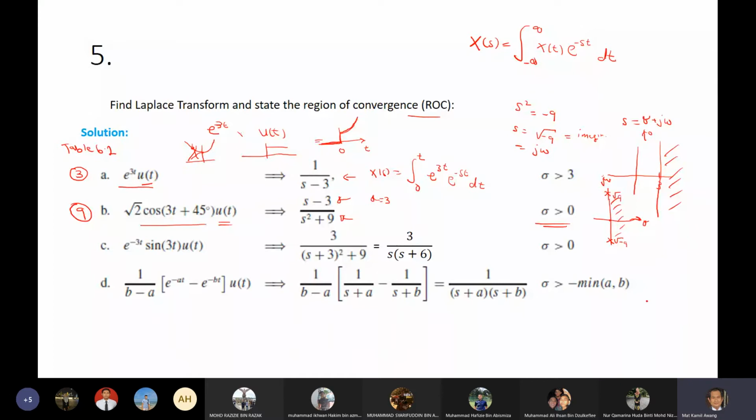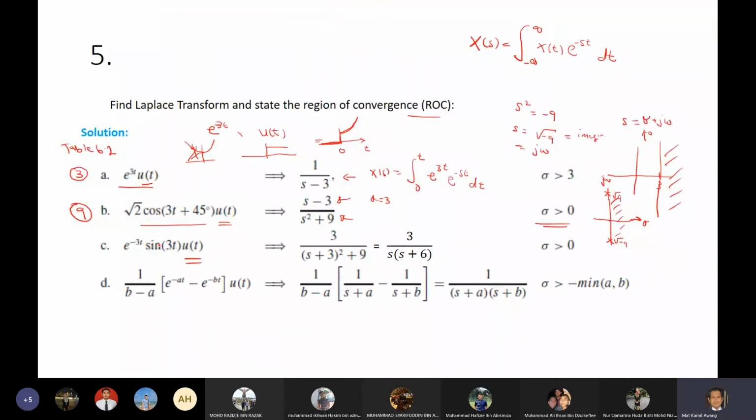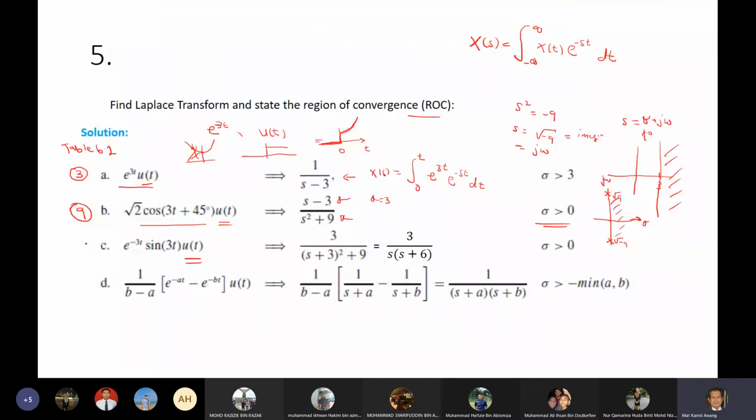Clear, sir. Okay. For this one, same thing, e to the minus 3t sine 3t. This one we don't have cosine, so we use the sine, number 6.